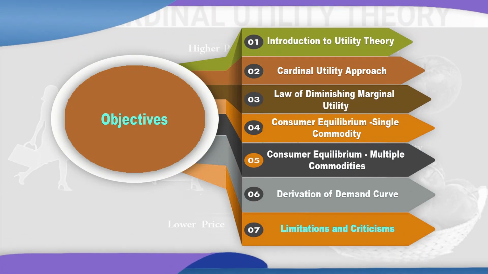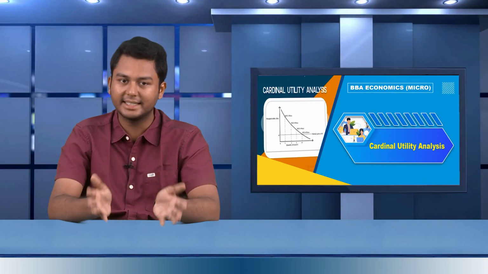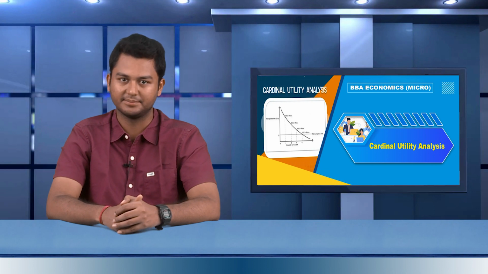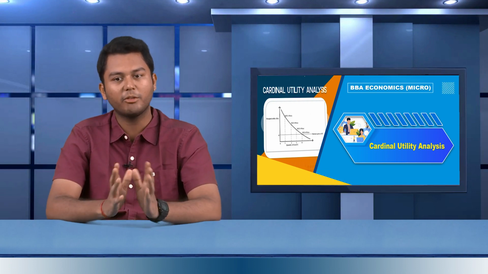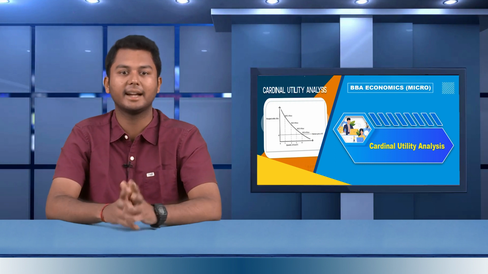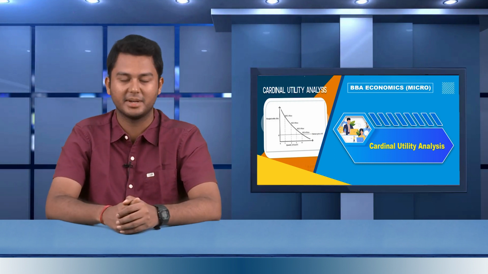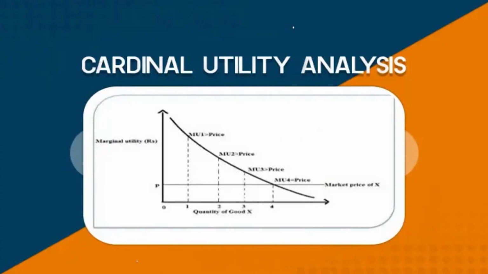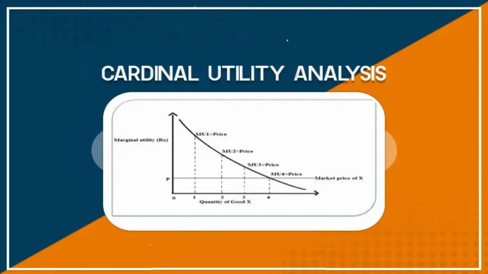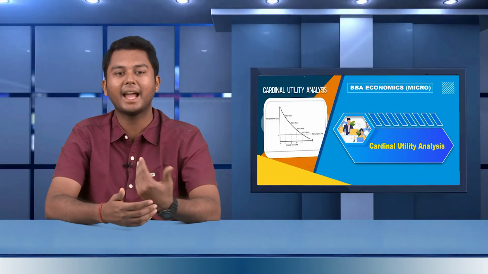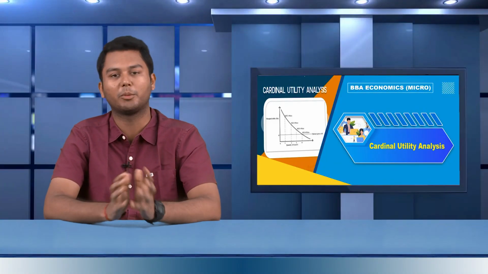However, there are certain limitations and criticisms of this entire cardinal utility theory. Let us look at those. The most fundamental criticism of cardinal utility theory is that utility cannot actually be measured in absolute numbers. Cardinal utility theory assumes that consumers are perfectly rational, have complete information and can instantly calculate optimal choices.